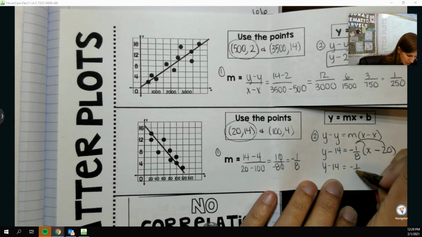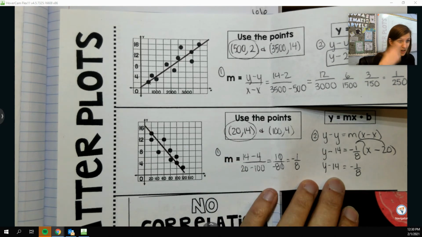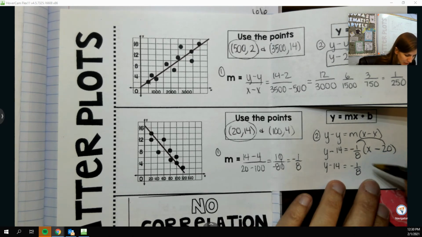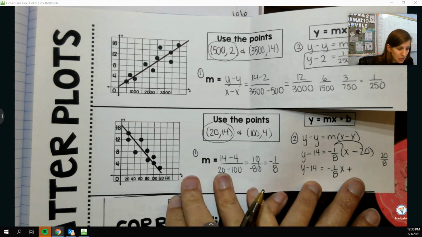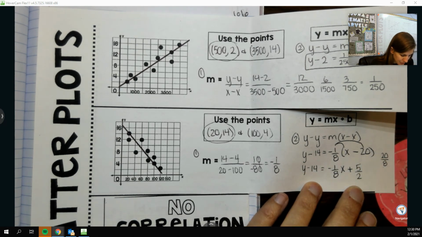And guys, it's always good to put it in y equals mx plus b, because if I pick this point but somebody else picks a different point, it kind of looks like we got wrong answers, but they always come back to y equals mx plus b being the same. And then a negative times a negative will be a positive, and then 1 times 20 is 20 divided by 8 can reduce, like 4 will go into both, 5 times on top and 2 times on bottom.